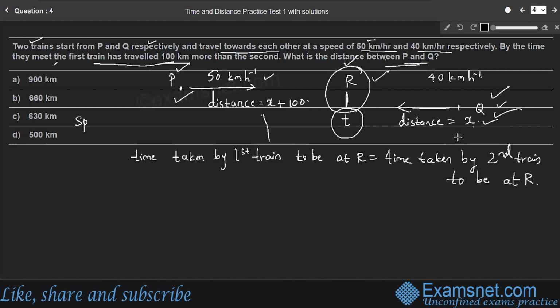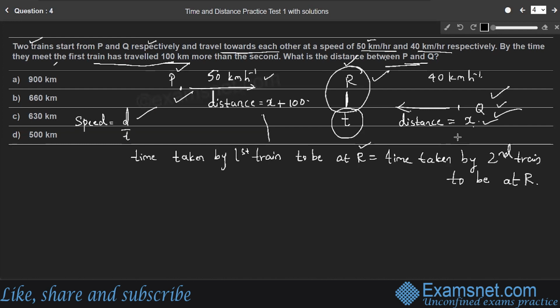According to the speed formula, speed is distance by time, right? So here we'll consider the distance traveled by the first train. When it is at R, distance is speed into time, right?